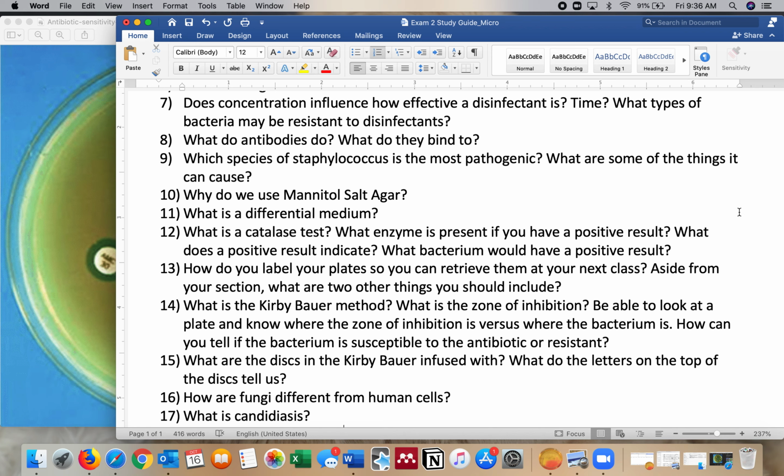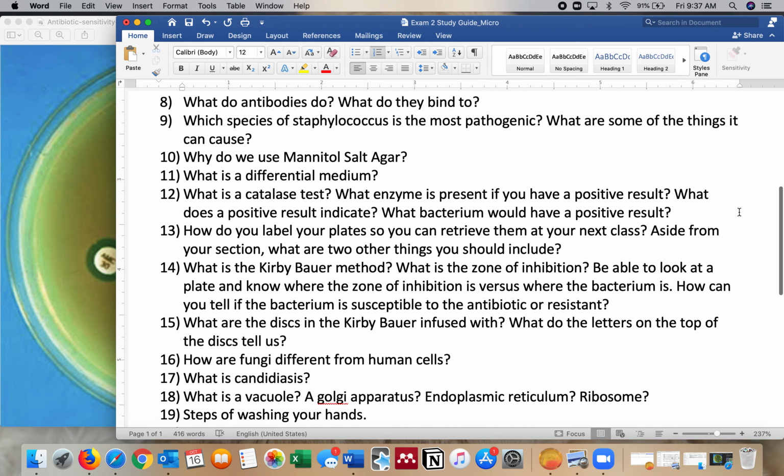MRSA is something that's caused by a bacteria very resistant to antibiotics. I don't want to give you the name because that might give it away, but looking in lab 8 would definitely help.